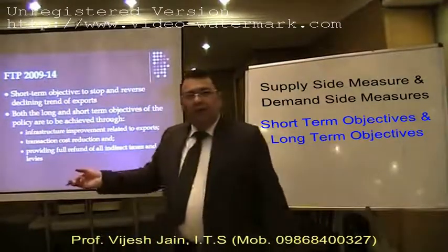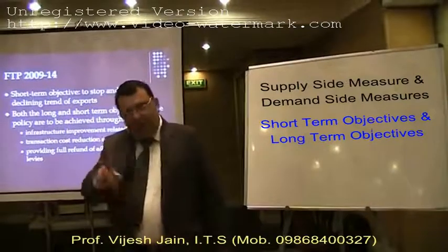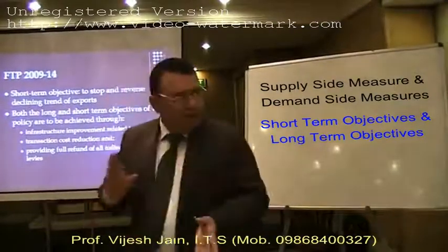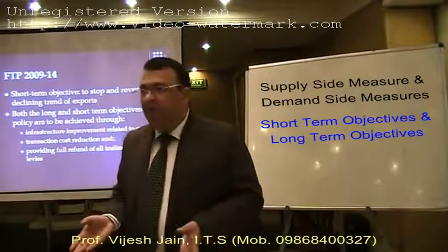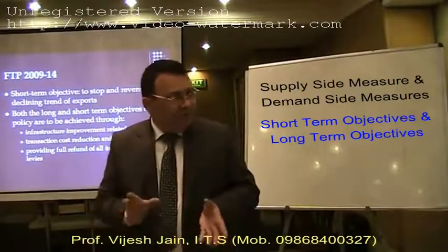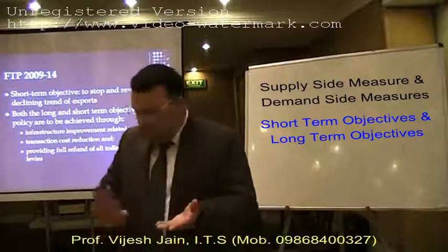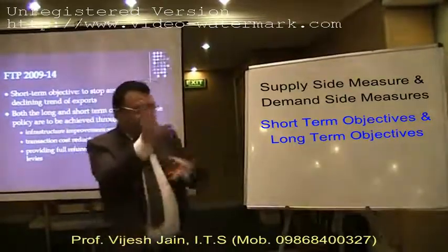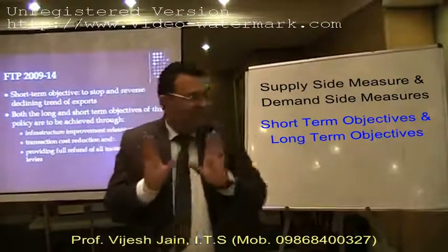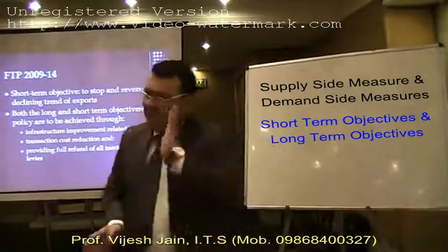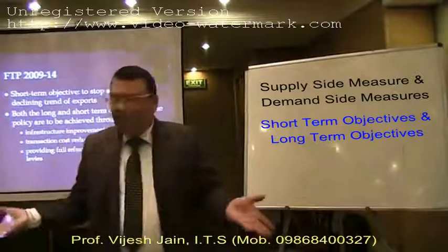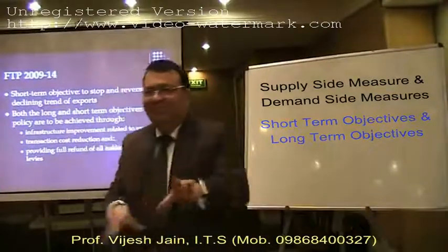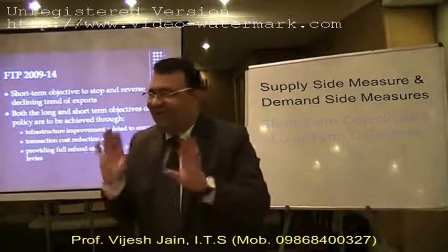And it can be demand side, it can be supply side. So there are 2 things: either the initiatives are demand side or supply side, or the objectives are short-term or long-term. Simple. This whole policy is based on these parameters. You will see all the schemes fit into this framework.